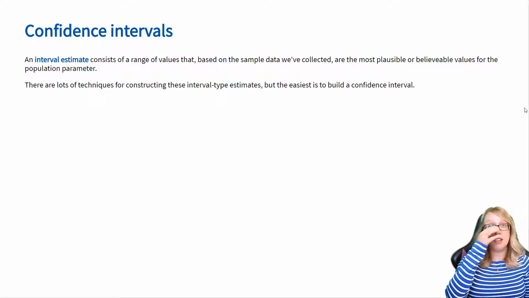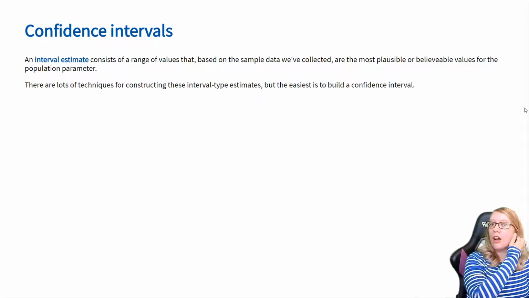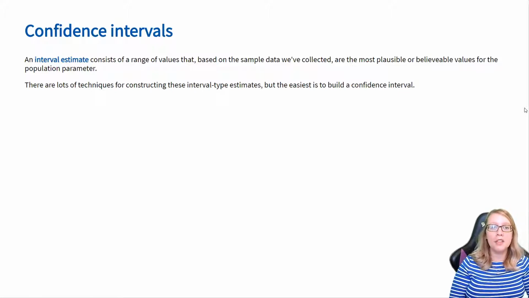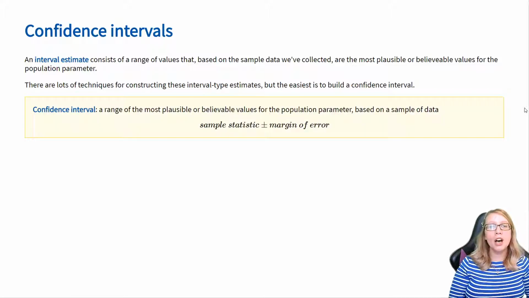There are a lot of different techniques available, but the one we'll focus on in this class is what's called a confidence interval. A confidence interval, again, is just a range of the most plausible or believable values for the population parameter based on a sample of data.